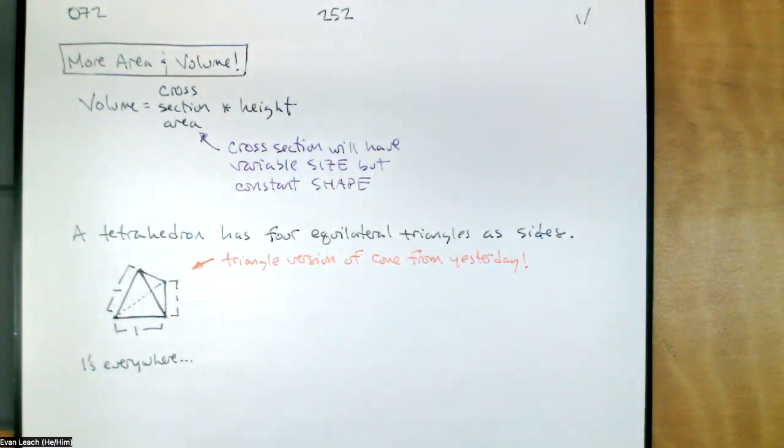Let's think about where we can get this shape. Let's think about some geometry that's going on here, and then see if we can get some insight. Maybe we could take a guess at what the volume of this tetrahedron is going to be.